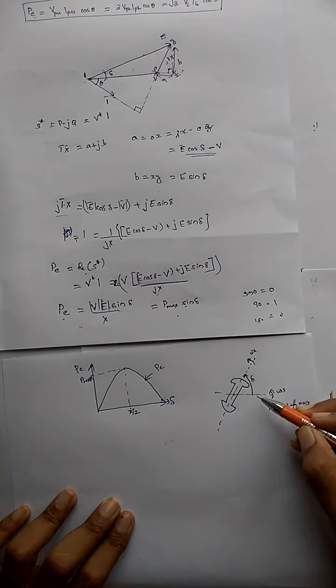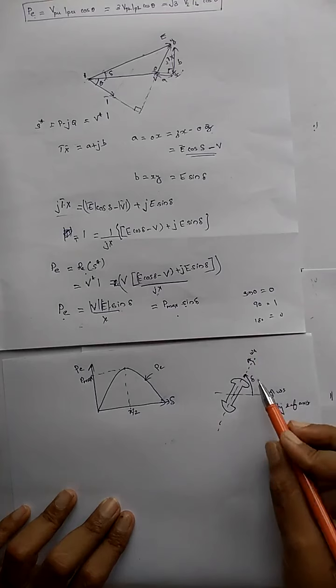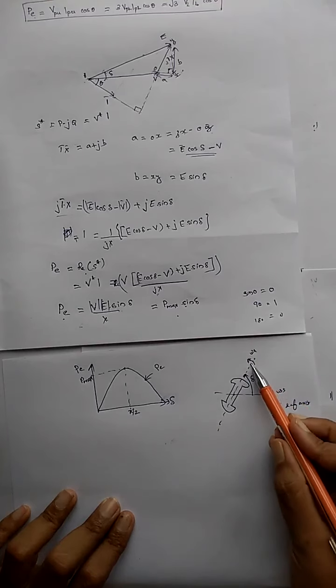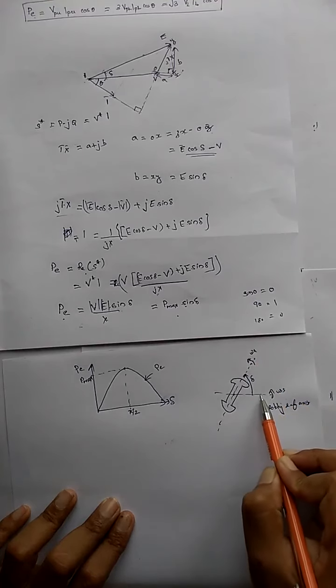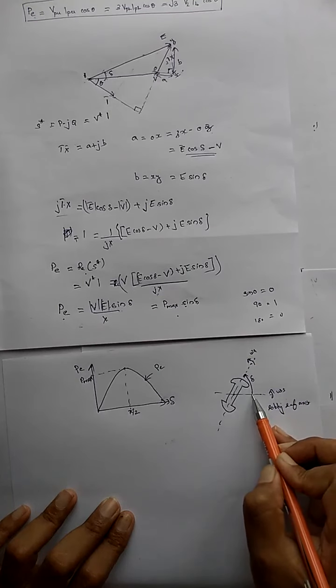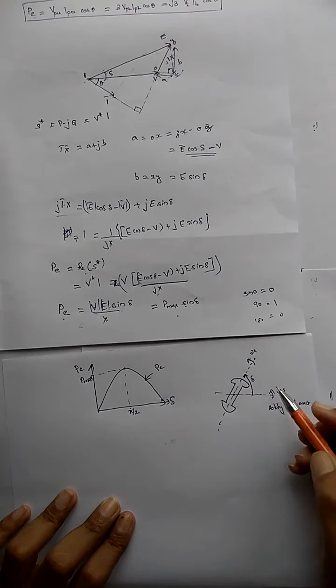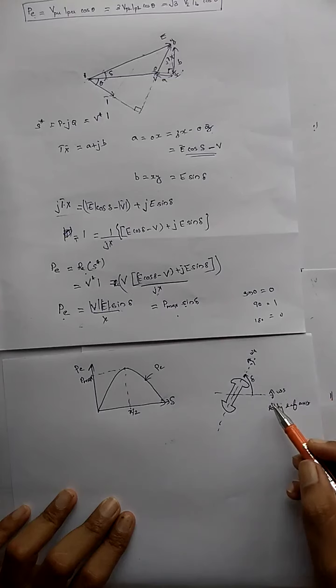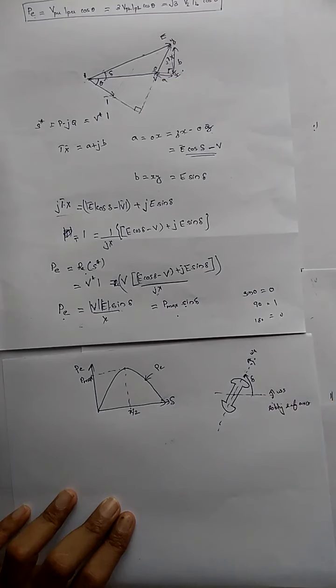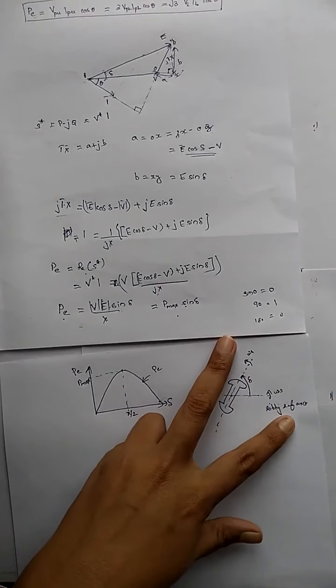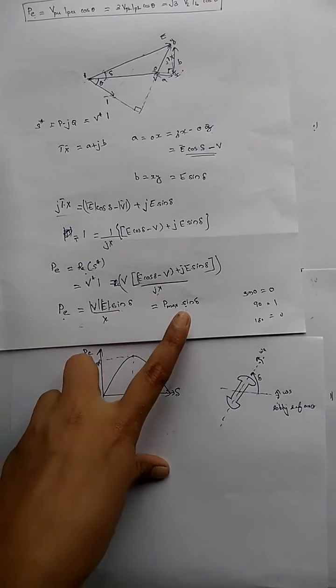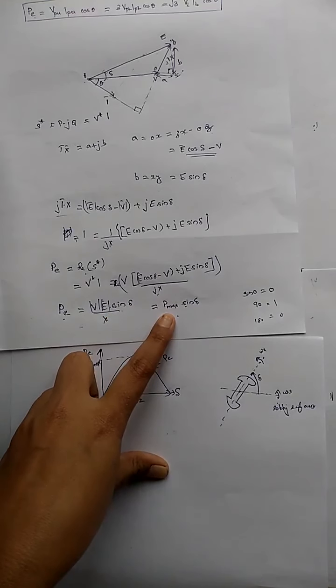The angle difference between the rotor and the rotating reference, we call delta. So when delta increases, the relative position of the rotor with reference to the reference will increase. We can go up to 90 degrees and we will get P max.